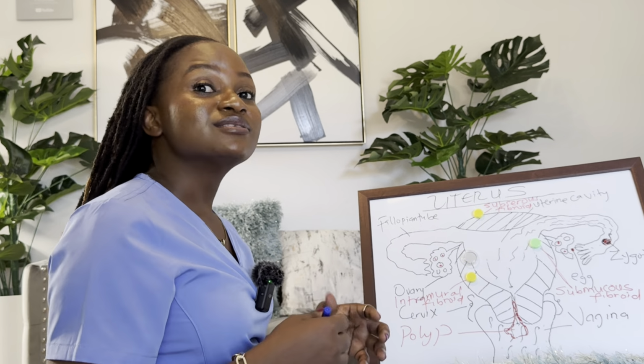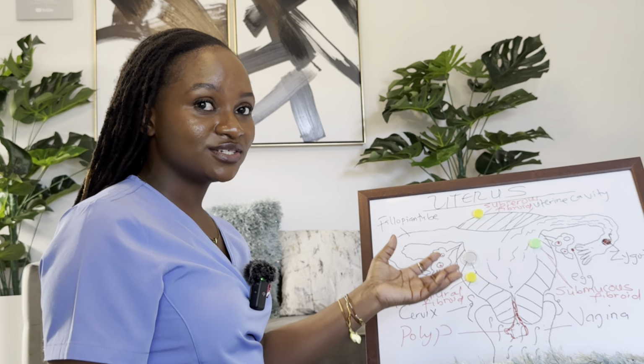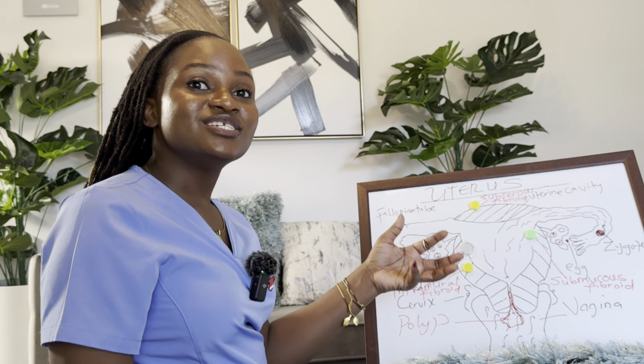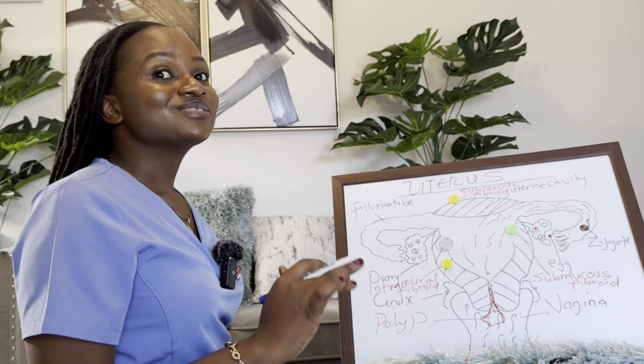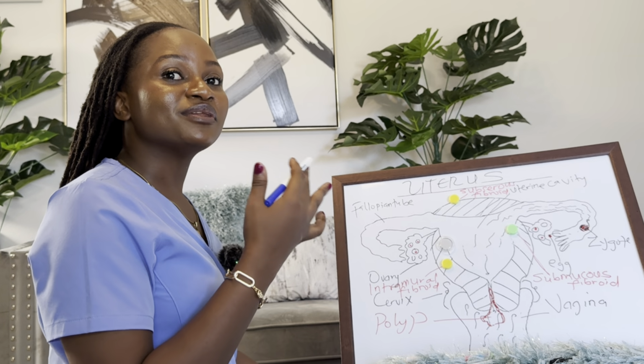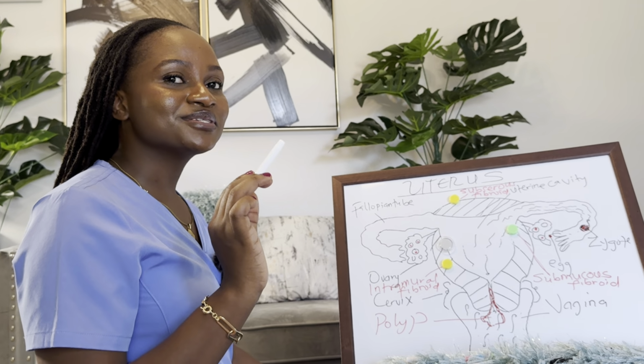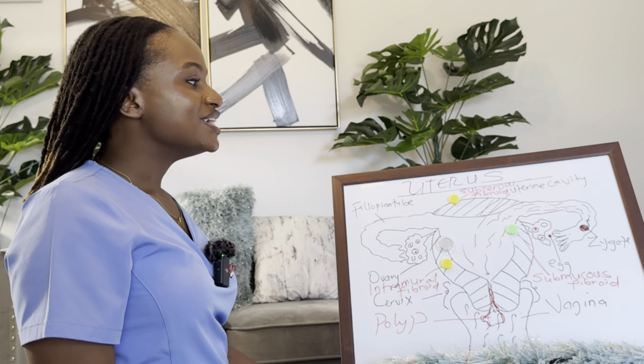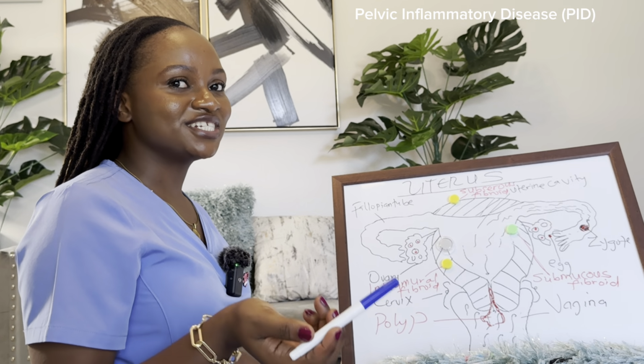Also, complications from pelvic surgeries such as cesarean section or even some gynecological procedures can actually lead to injury in the uterine cavity. So yes, pelvic surgeries can cause injury and scarring to the fallopian tube, but the major cause of infertility due to problems with the fallopian tube is what we call pelvic inflammatory disease.